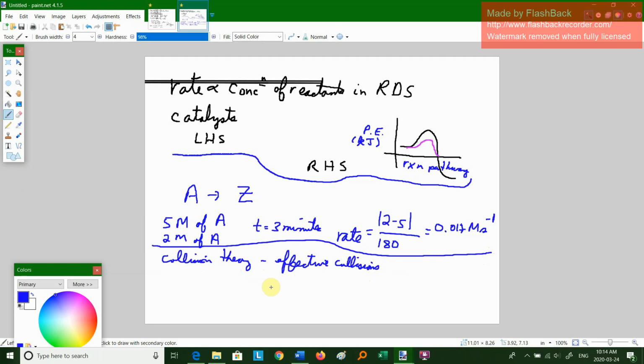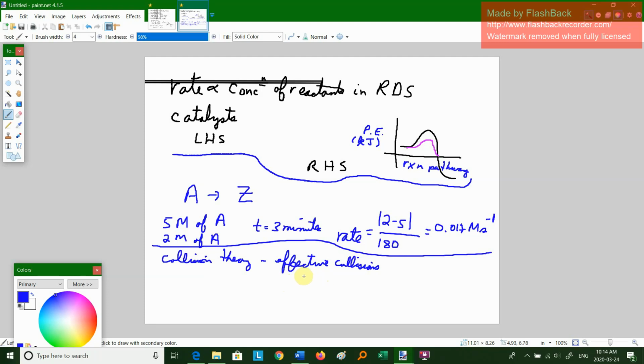Effective collisions are ones that have the chance to form product. They get you to the activated complex. Remember, the activated complex isn't an energy, it is a collection of colliding particles, some of which are going to form product. So to get to the activated complex, you need enough energy, at least activation energy worth of energy, and the proper orientation.